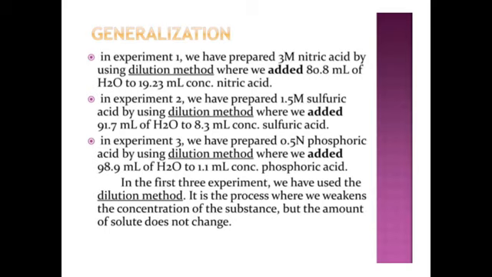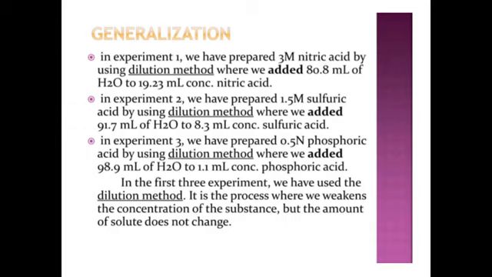In experiment 2, we prepared 1.5 molar sulfuric acid by using the dilution method, where we added 91.7 ml of water to 8.3 ml of conc H2SO4. In experiment 3, we prepared 0.5 normal phosphoric acid by using the dilution method, where we added 98.9 ml of water to 1.1 ml of conc H3PO4.